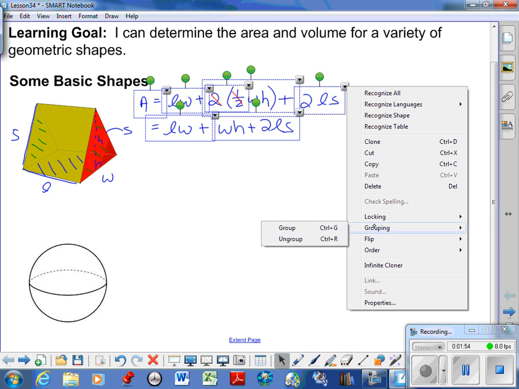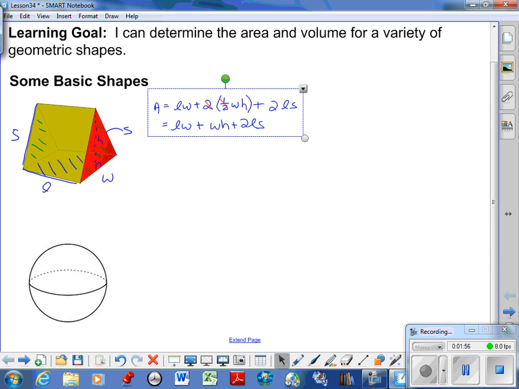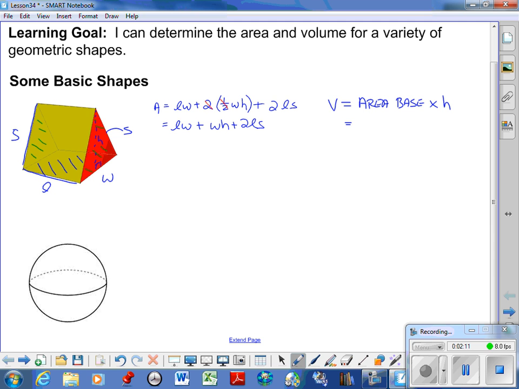All right. Now the volume. Volume's a little bit simpler. Volume of any 3D shape is always area of base multiplied by its height. So our area of our base is that green area that I highlighted here.